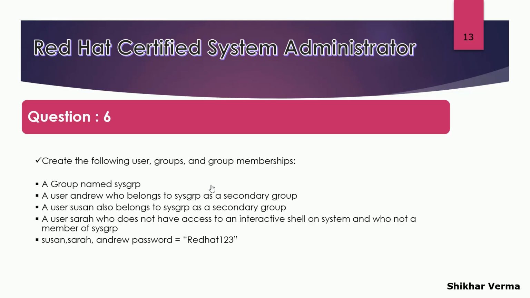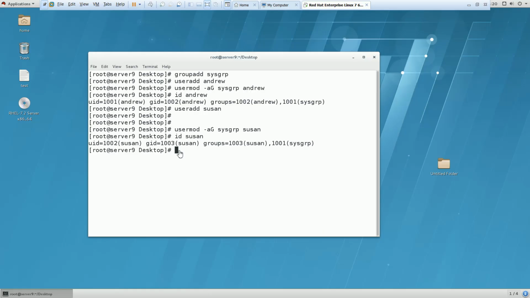Okay, and one more thing they have asked: a user Sarah who doesn't have access to an interactive shell on the system and who is not a member of sys group as well. So two things we have to do here. Non-interactive shell. First of all you have to add a user, and the user was Sarah.